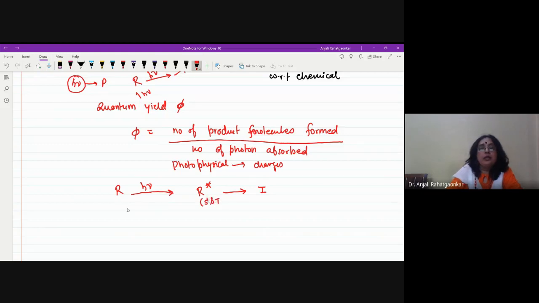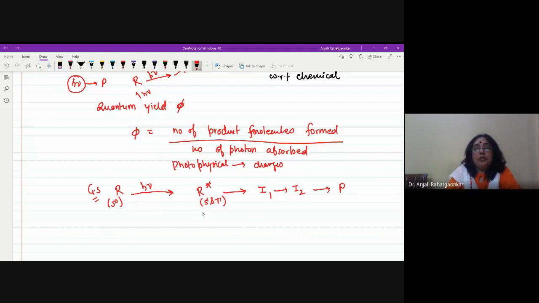So please remember, always write S0, which is nothing but the ground state, and this might be a singlet state and the triplet state. And further, they are converted into I1 and I2, and finally there will be a product. So no doubt there is a conversion of the excited state into the intermediate state, from first intermediate state to second intermediate state. There is a possibility of formation of even a third intermediate state. We never know how many changes can be developed over here.